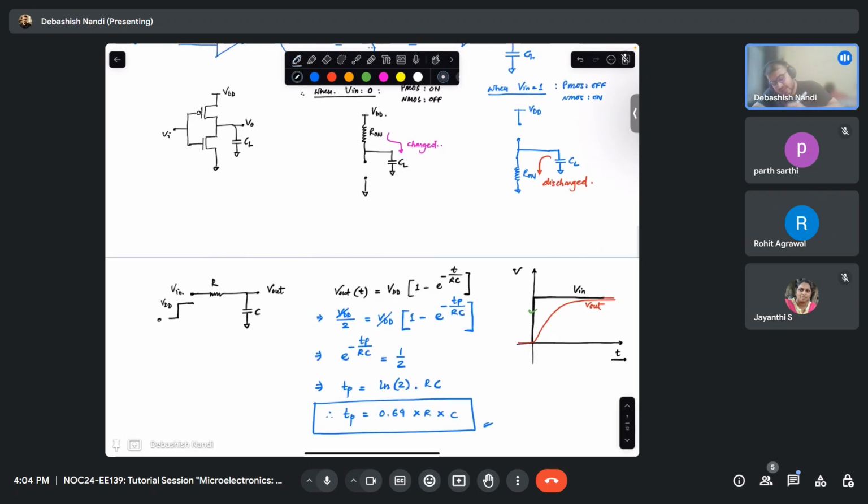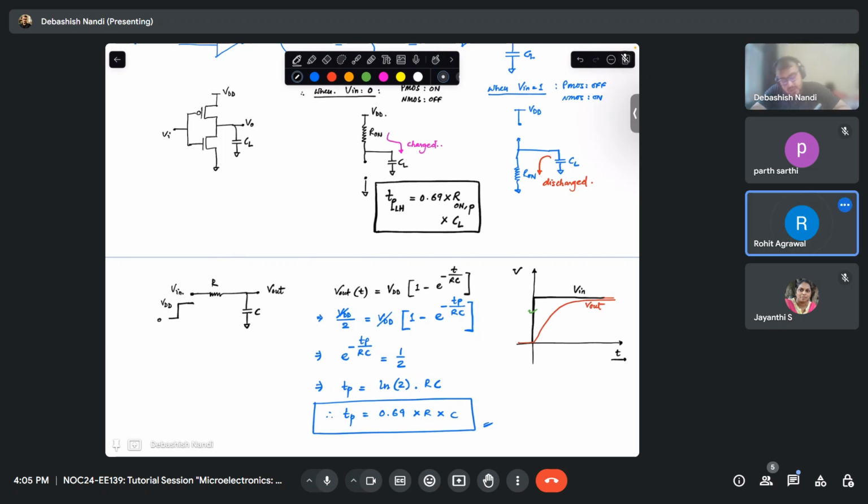So can you quickly tell me this is related to which TP, HL or LH? So LH. So TP LH will be 0.69 times R on of P transistor times CL, right?